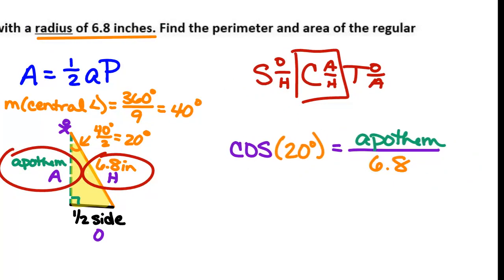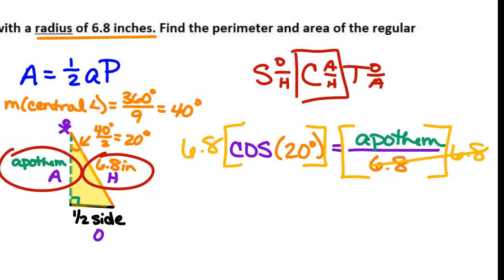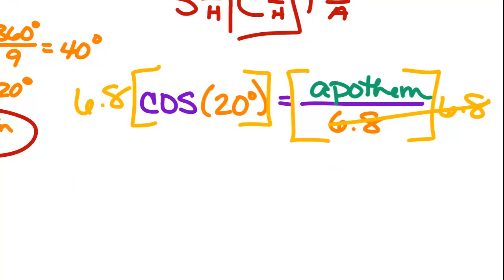Then I would multiply both sides by 6.8. 6.8 times the cosine of 20 degrees comes out to be about 6.39 inches for my apothem.